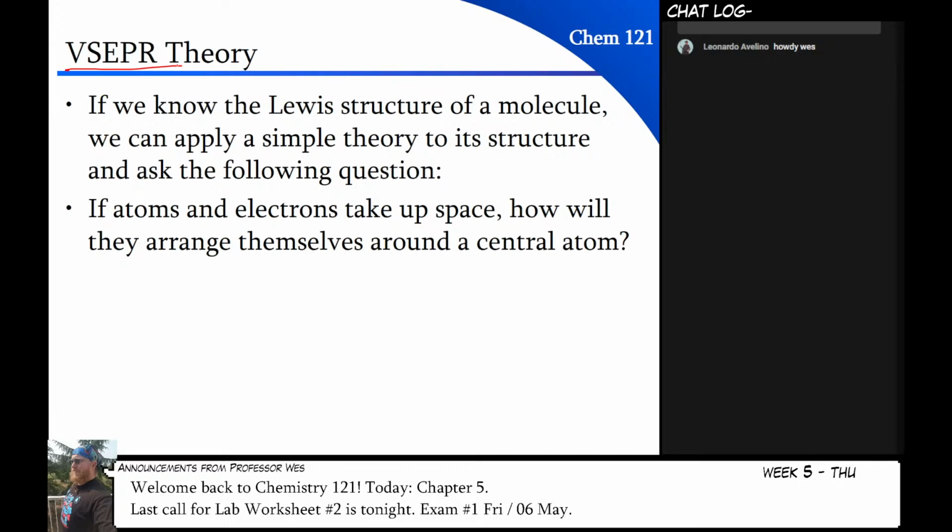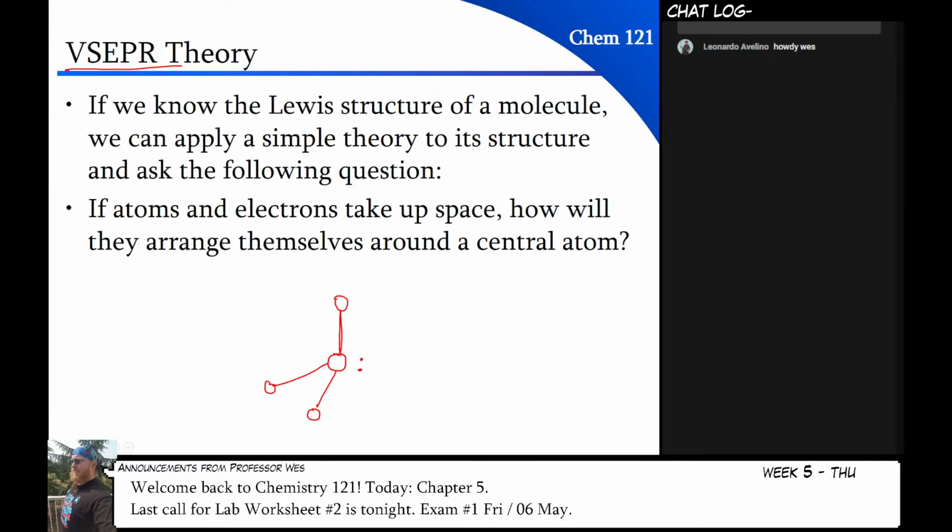The premise behind VSEPR Theory is, okay, I have an atom. Here's my atom. And around that atom, I have bonds to other atoms, and then also maybe electron pairs.